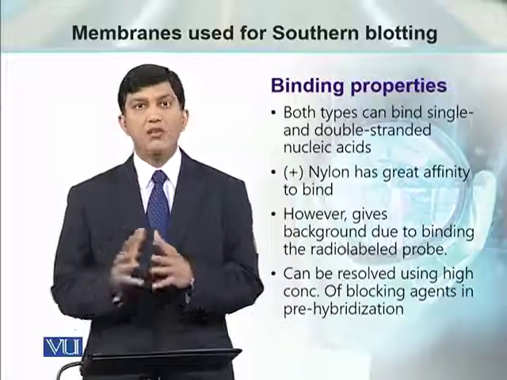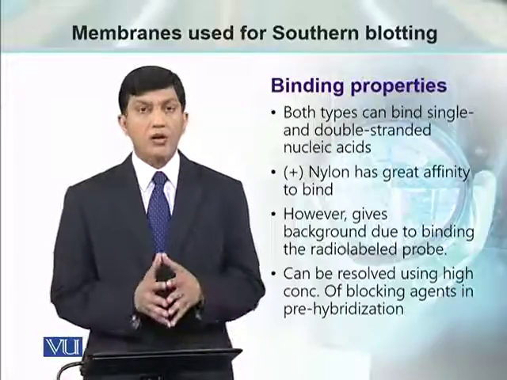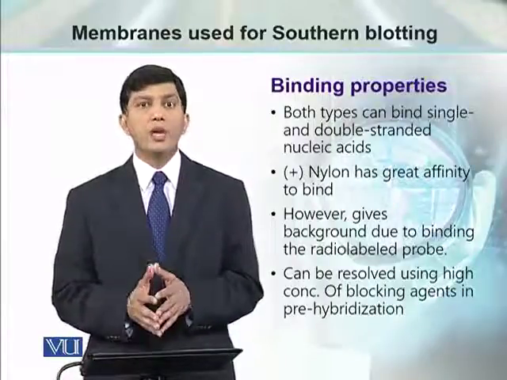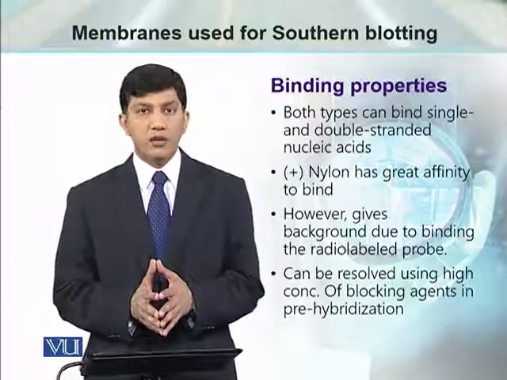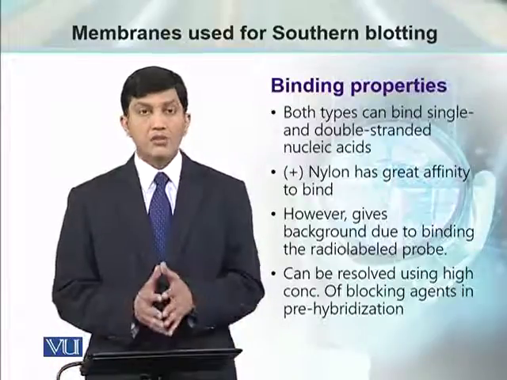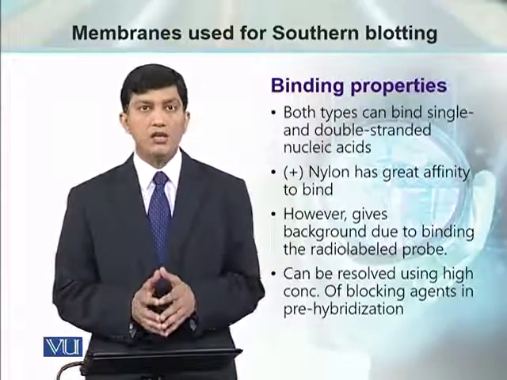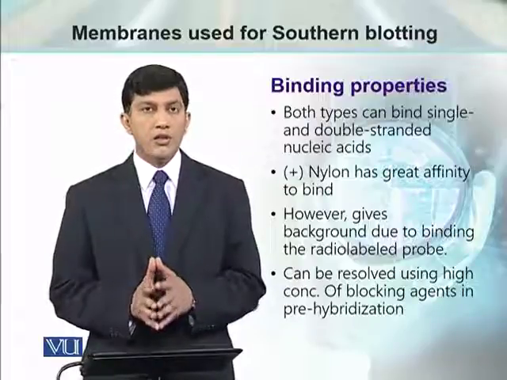At the same time, there is a negative point that we observe a large amount of background during hybridization. However, this large amount of background signaling can be avoided by increasing the concentration of blocking agents in pre-hybridization during the northern or southern blotting.